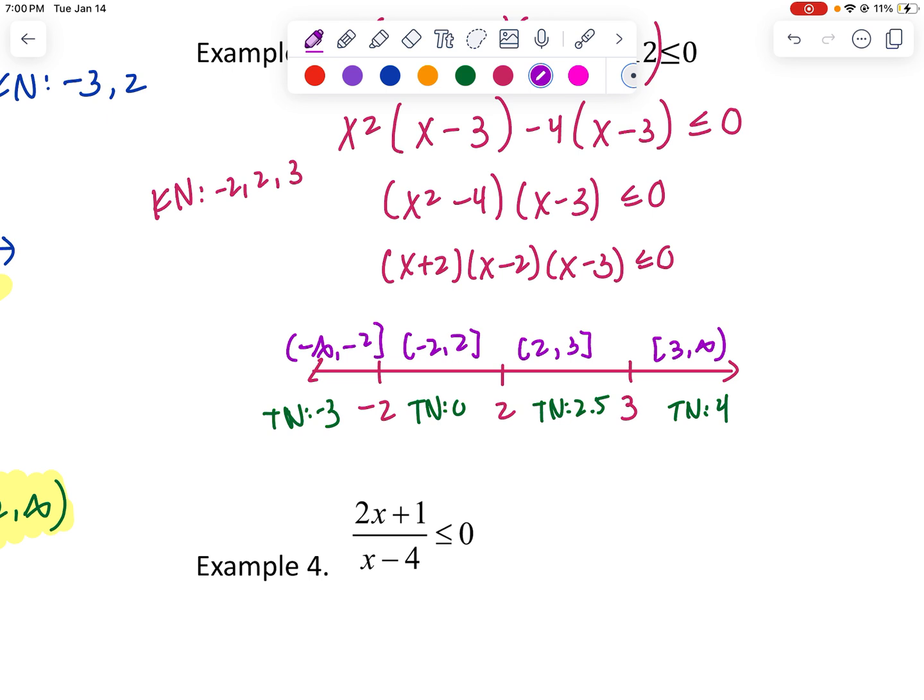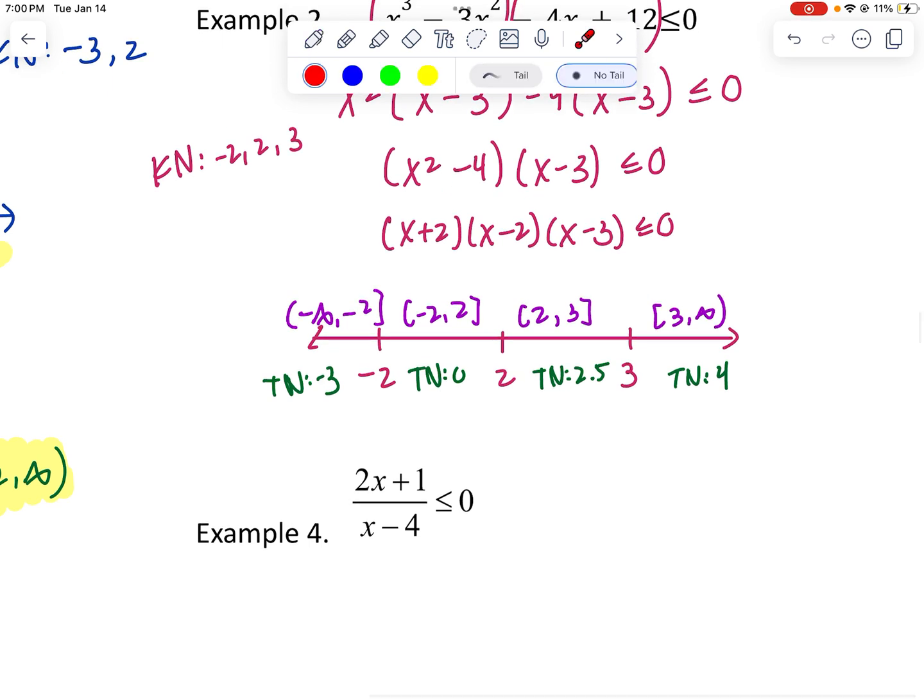All right, let's go ahead and test out the numbers. So again, I'm plugging it into this right here. I have negative 3 plus 2, which is negative. Negative 3 minus 2 is negative. Negative 3 minus 3 is also negative. Negative times negative is a positive, times a negative overall is a negative.